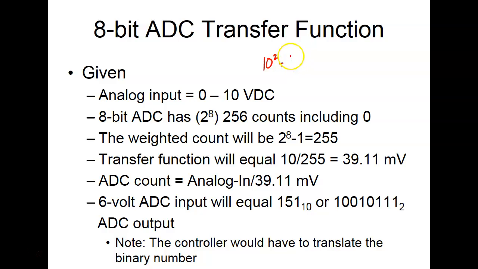Well, that would give us 100, which means I could count from 0 to 99. Well, binary is a base 2 numbering system. So if I've got 8 bits, that means 2 to the 8, that would give me 256 combinations. So that would give me 0 through 255.